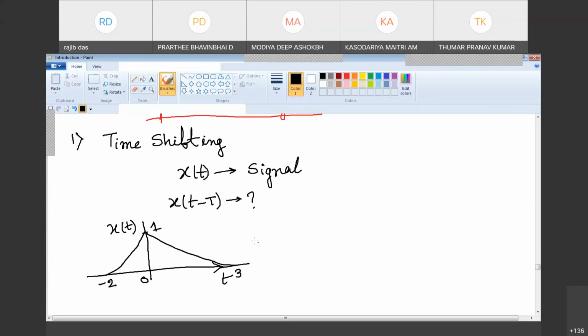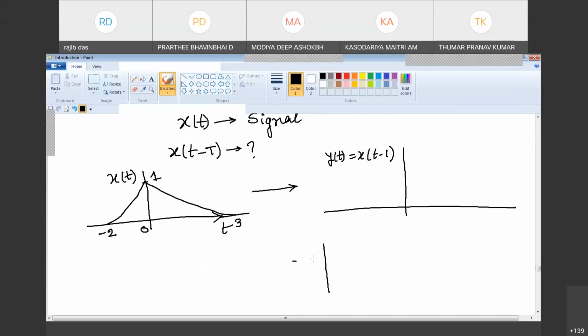Now I want a signal y(t), which is x(t minus 1), for example. For the independent time variable t, we look at x(t) and the corresponding y(t). Suppose t equals 0.